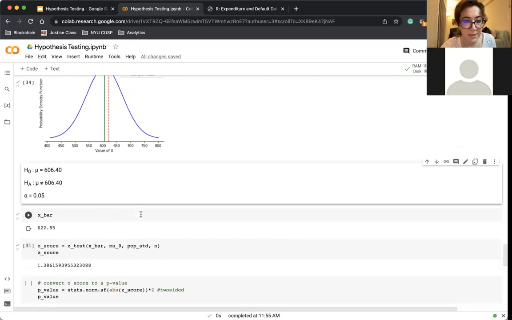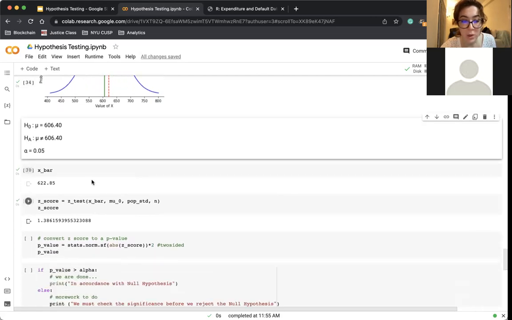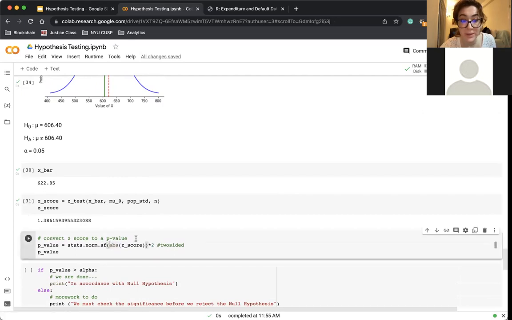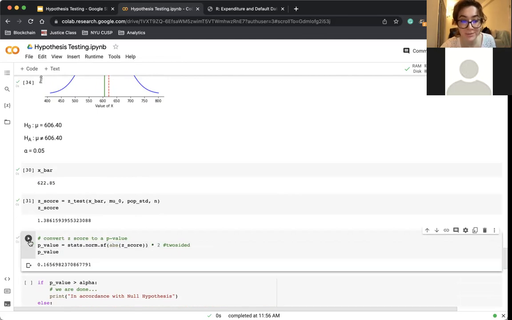Because this is two-sided, not less than or equal to, just not equal to, we need to test it for both tails. We would use this on both sides, so we need to multiply it by 2 to account for that.